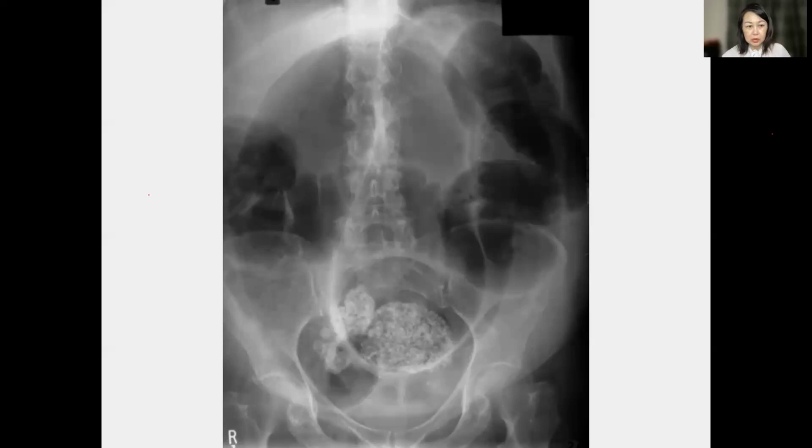Sigmoid volvulus. Yeah, this is sigmoid volvulus. Good. Coffee bean sign. So you will see big coffee bean in the whole abdomen. This is the center of the bean. So this is sigmoid volvulus, when the apex pointing towards the right side. All right, good. Sigmoid volvulus, no one should miss this.